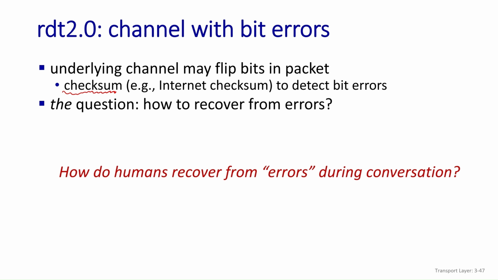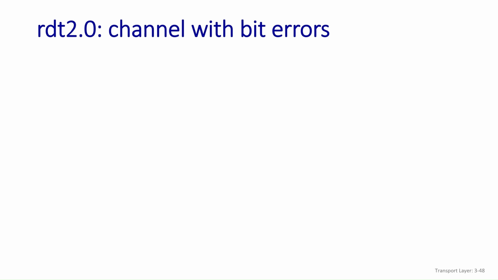Okay, so in networks, we can also follow both techniques, but at the moment, let's say that in case of an error that we have detected using checksum, we can ask the sender to repeat, the same as during our conversation with an error, where we can ask the other person to repeat it.